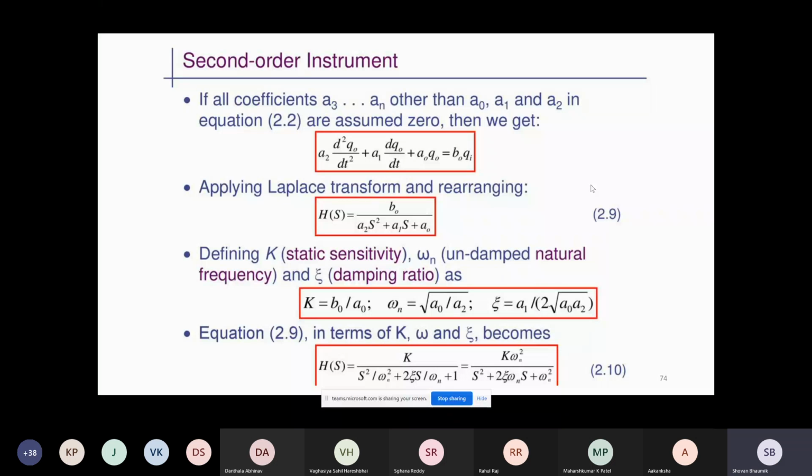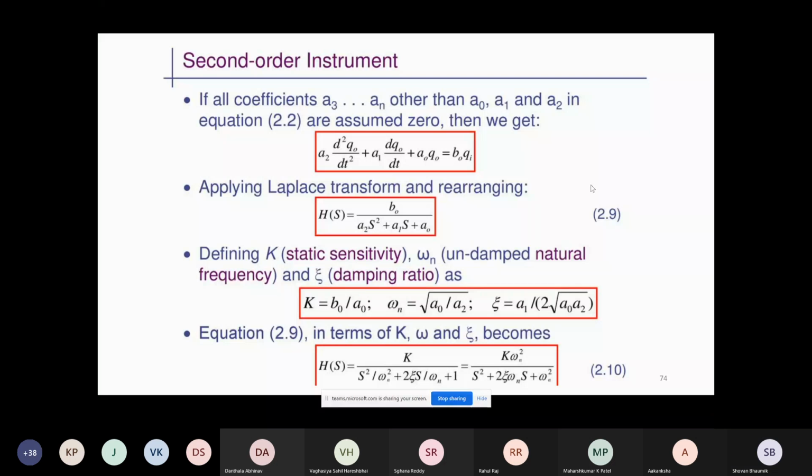Here we have three constants. You divide this equation 2.9 by a2, both numerator and denominator. In the numerator you will get one constant, b0 by a0. In the denominator you will get two constants, a2 by a0 and a1 by a0, plus 1.